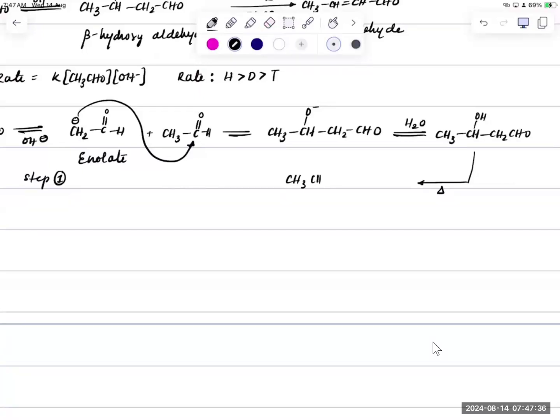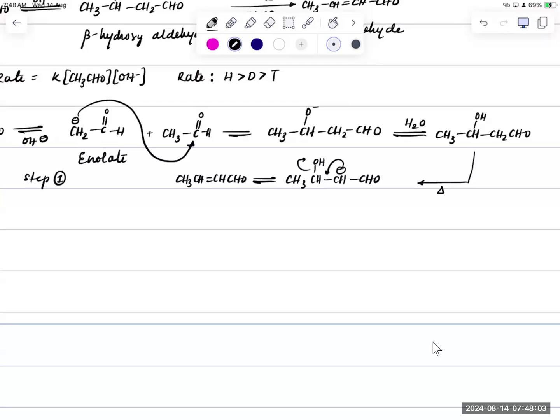First, a carbanion is formed, because OH minus is a very weak leaving group. Then this will push to give CH3-CH=CH-CHO. So mainly in these 3 steps the reaction happens.